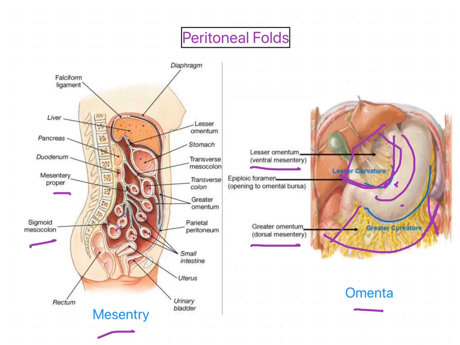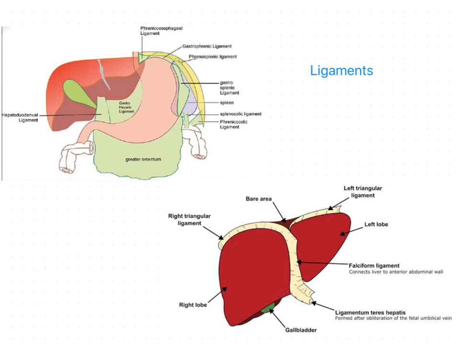Next is another fold of the peritoneum, the ligaments. Here you can find a number of ligaments. The ligaments are double layered folds of the peritoneum which connect organs to the abdominal wall or to each other.